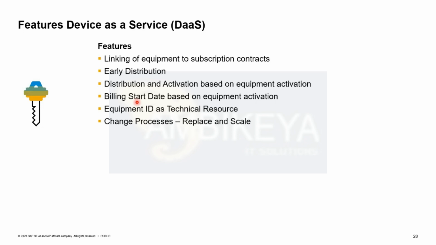So whatever equipment IDs are maintained will be used as technical resource when CC is relevant. And it is also possible to replace equipment A with equipment B. And if a customer is happy with the devices and he wants more devices, he can order more by scaling up the equipments.